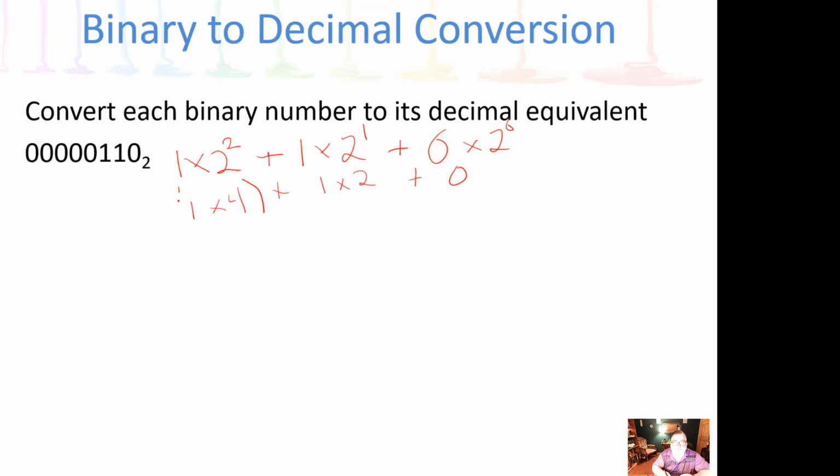I'm going to put parentheses around that. 1 times 4 is 4. 1 times 2 is 2. Plus 0. So 110 in base 2 is equal to 6 base 10. So let's see if I can get the right answer there. Yep, it is 6 base 10.